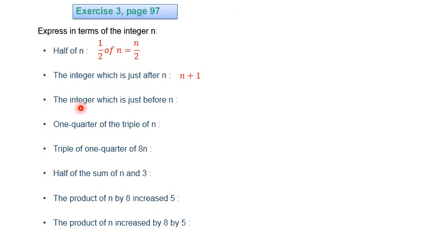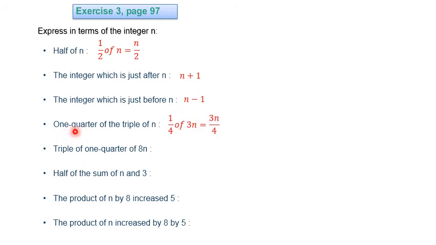And the opposite of the integer which is just before n: we say that 9 is just before 10, 26 is just before 27. To find the number that is just before n, I have to say it's n minus 1. Now 1/4 of the triple of n.